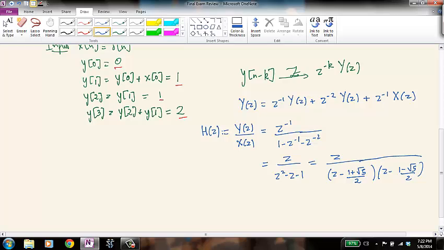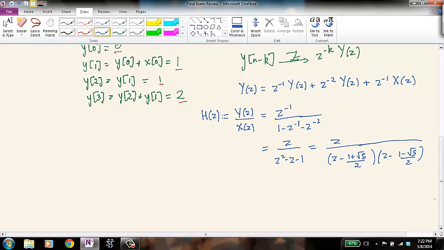So you can check this. You can use the quadratic formula to come up with the roots of the denominator, z squared minus z minus 1, and you can check this yourself. Okay.